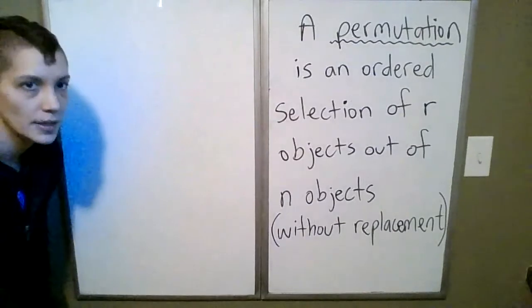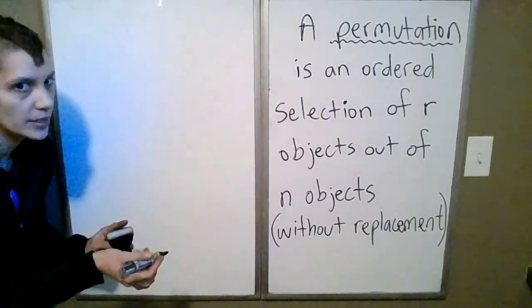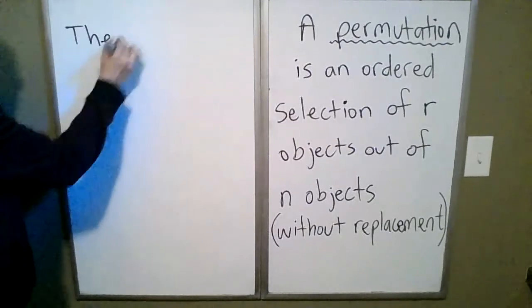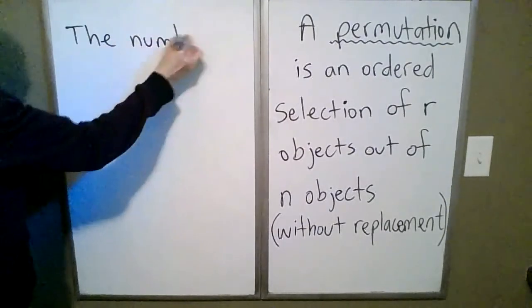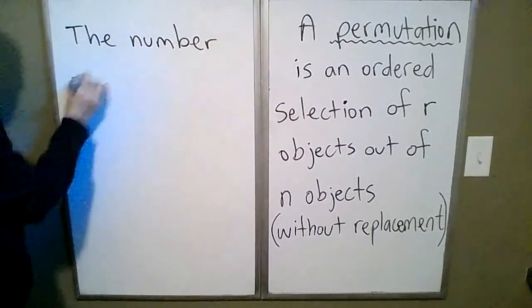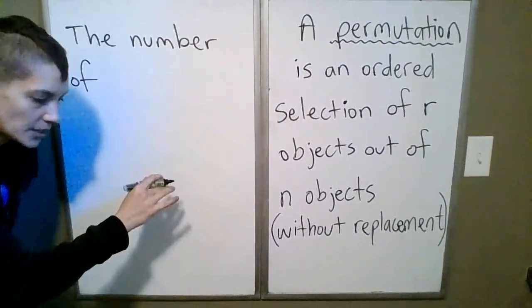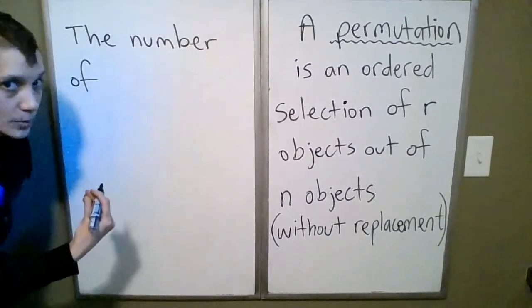The number of permutations is denoted, and by the way, these are permutations of the R objects selected out of N objects.